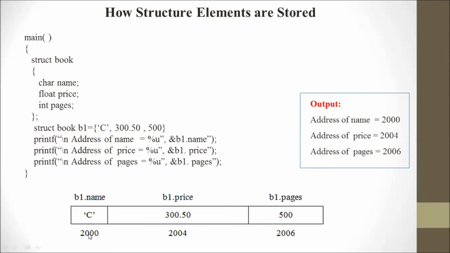So this will store at 2000 and take 4 bytes, so sequentially 2004, and this will sequentially store 2 bytes because this is the integer type. So this will store 2006. So this is the memory representation of the structure.